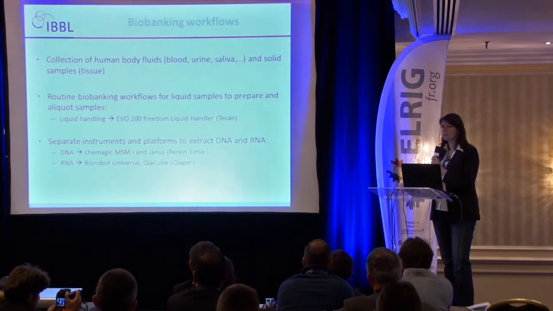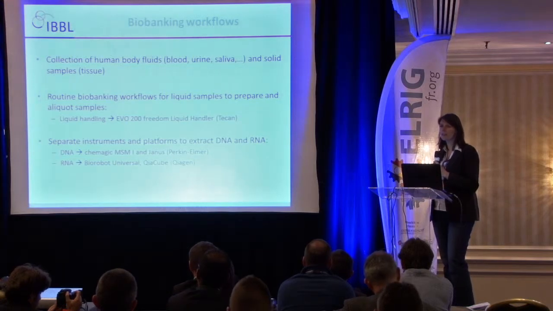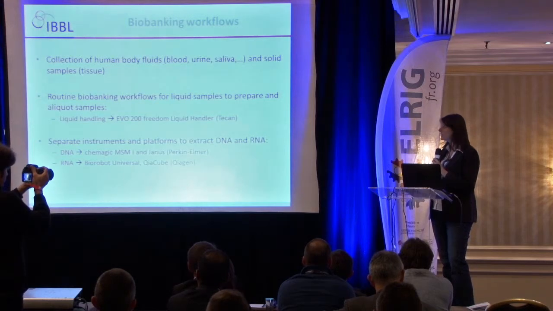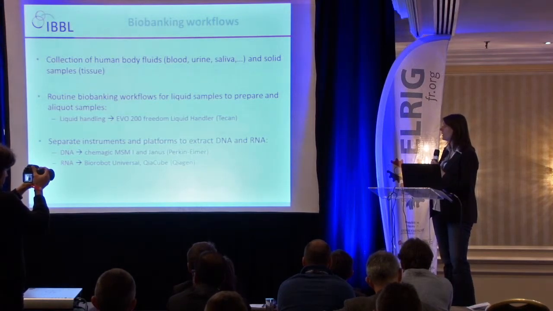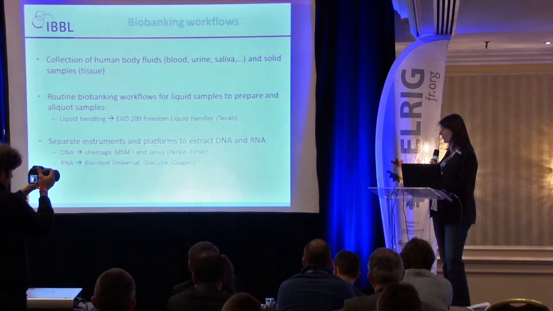Also, one important biobanking activity is that we routinely do extractions of RNA and DNA, so of nucleic acids, from our samples. For this, we use 2 different platforms. We separate the instruments to extract RNA and DNA so that there can be no cross-contamination.